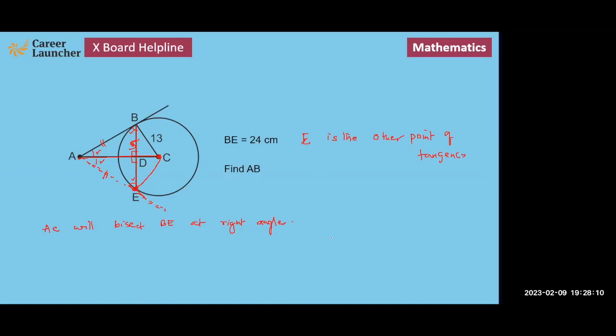मैं repeat कर रहा हूं. We can prove that triangle ABD is congruent to triangle AED, right? ये दोनों congruent है क्योंकि एंगल A सेम है, एंगल B सेम है, इक्वल टू एंगल E, और D सेम है. तो अगर एक सेम है, इसका मतलब we can say that BE is going to be perpendicular to AC. और AC क्या कर रहा है?